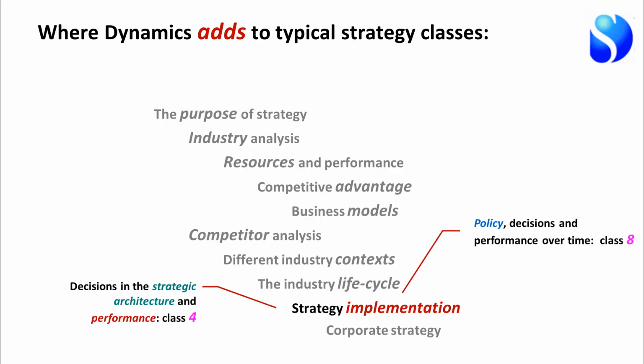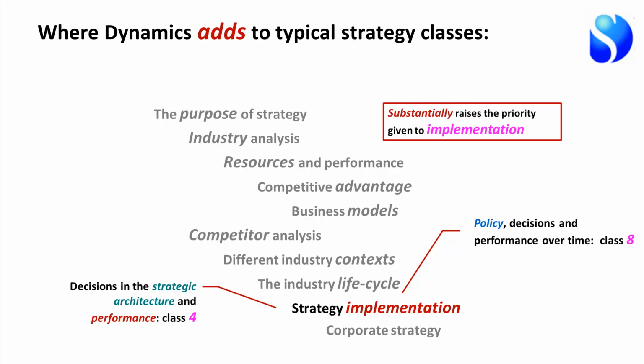And then we go on and expand on that by looking at how policy delivers strategy through the way it informs the decisions that you make and how that drives performance over time in class 8. This too makes a substantial improvement to the focus of a strategy course because it raises the priority given to implementation, which is typically not really very well dealt with in standard strategy frameworks.